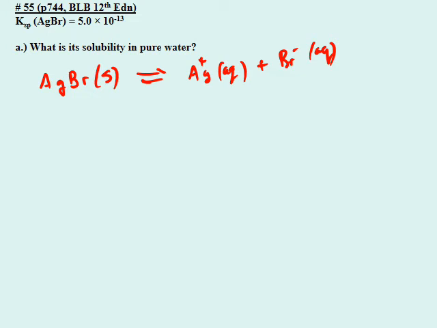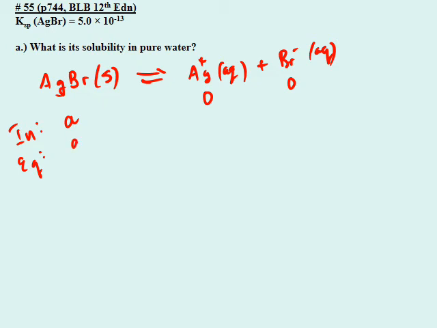Now let's assume that the initial concentration of silver bromide is A. When I just put the solid in contact with water, I didn't have any silver plus or Br minus in the solution. By the time it reaches equilibrium, a part of the solid would break down and go in water solution. So let's assume that X is the part that breaks down and goes in water solution.